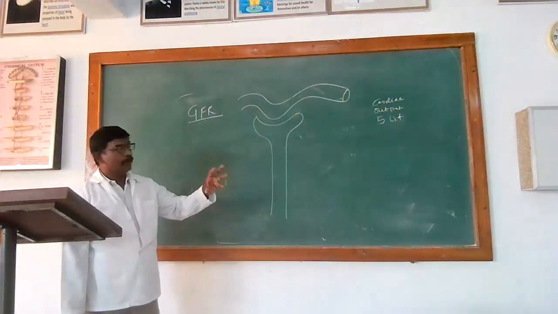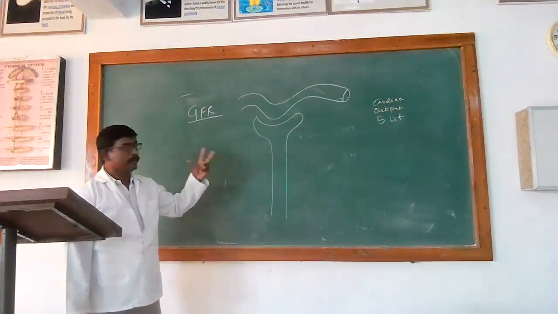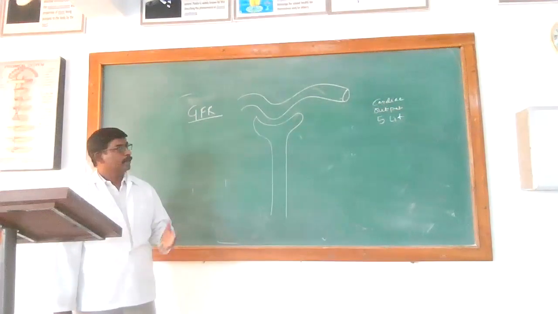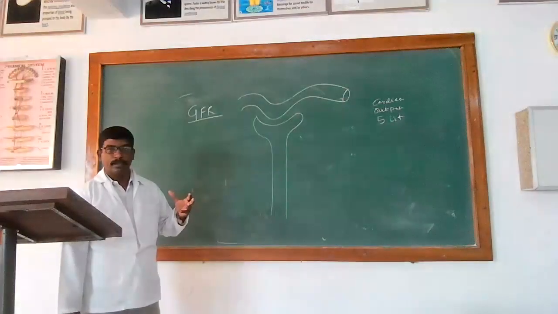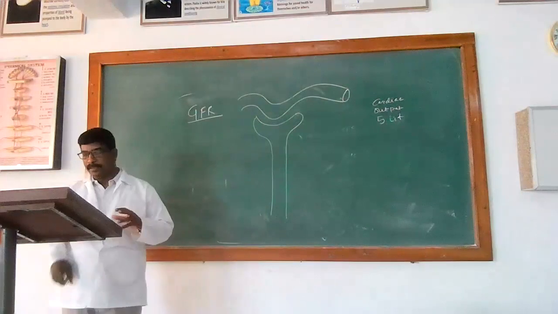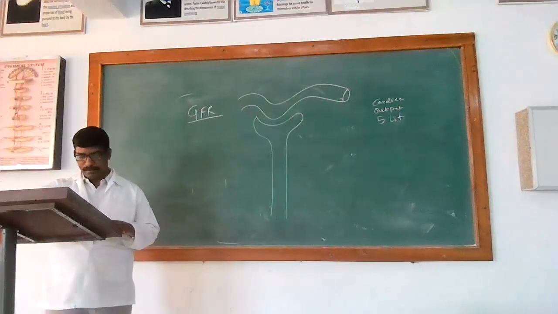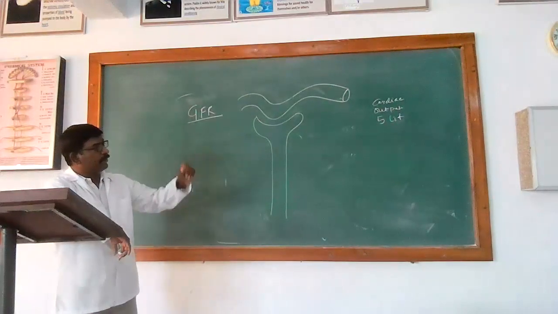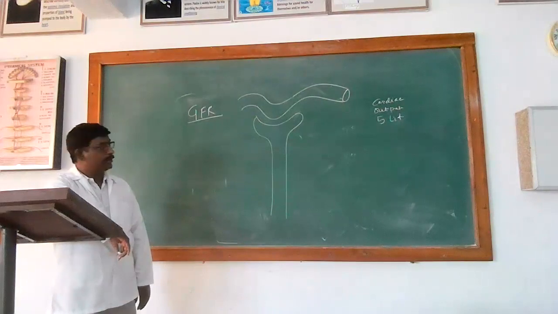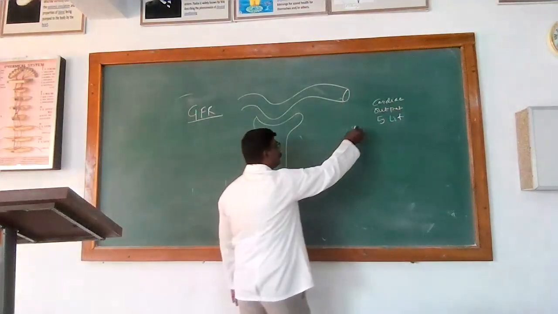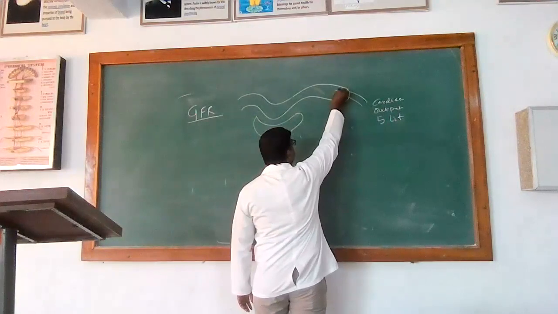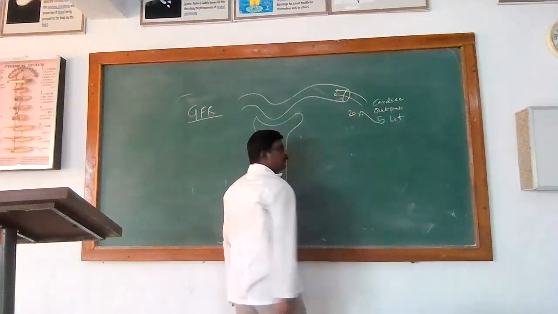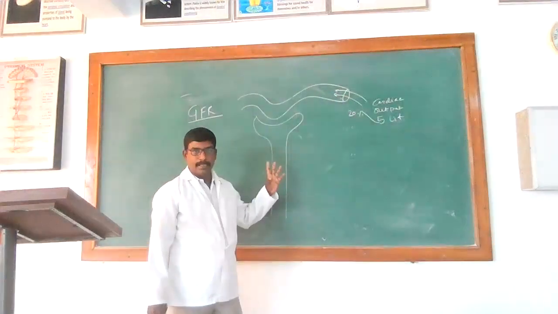From this cardiac output, how much blood is supplied to the kidney? Only 20% is supplied to the kidney, that is, 20% of 5 liters.